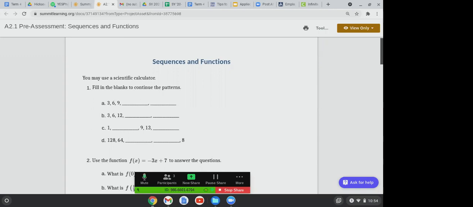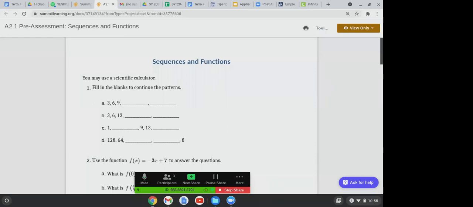There is a rule that guides each of them. We are going to talk about that rule. You started with 3, then you had 6, and now you have 9.